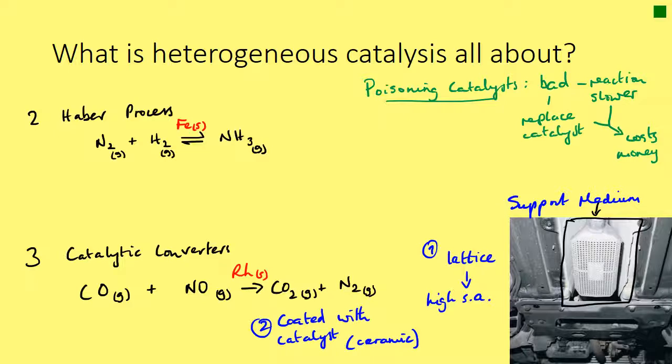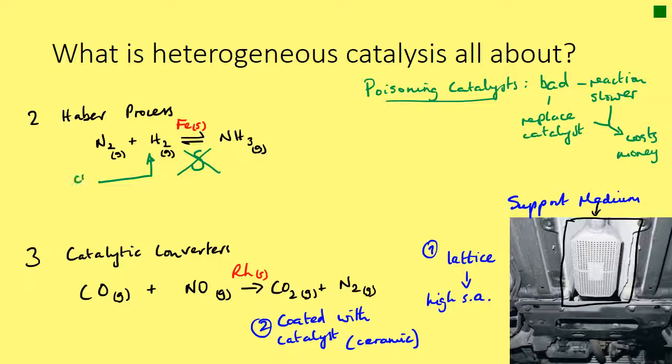Let's have a look at how, for example, our iron in the Haber process might be poisoned. And so the poison is sulfur. In fact, if there was sulfur present in this reaction, it would bind to the iron and stop our nitrogen and hydrogen contacting the iron catalyst. So the sulfur is bad, and so we'll draw a cross through it there. That's the poison. But where does that sulfur come from? It comes from the hydrogen, as it happens, because where do we get the hydrogen from?